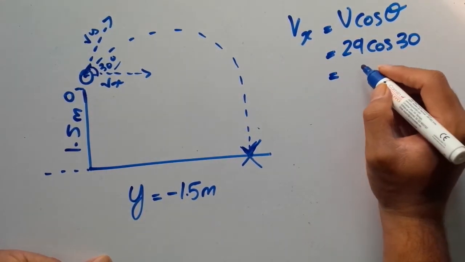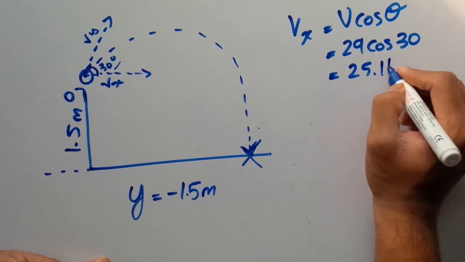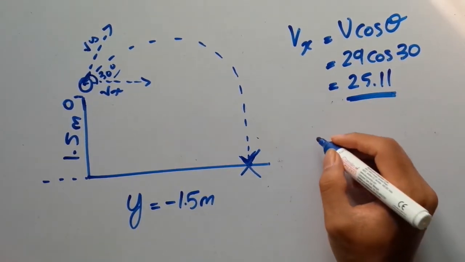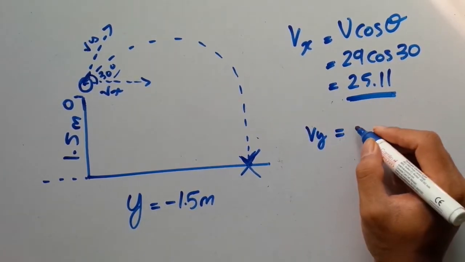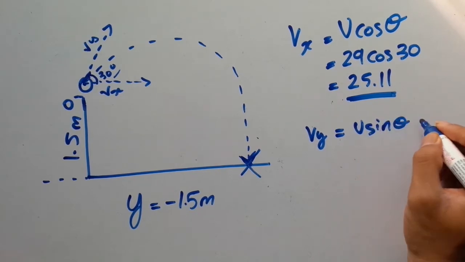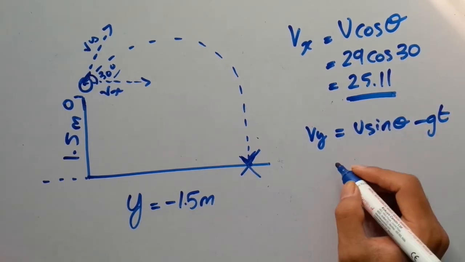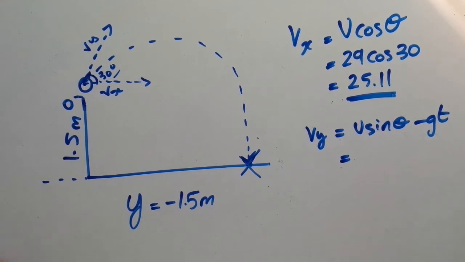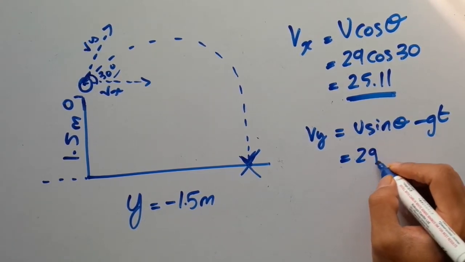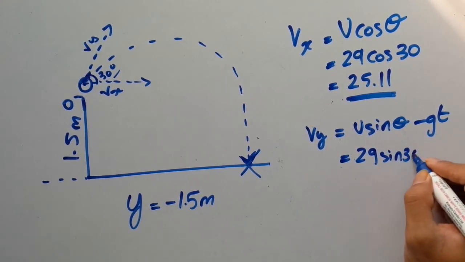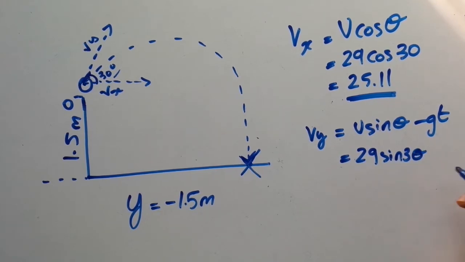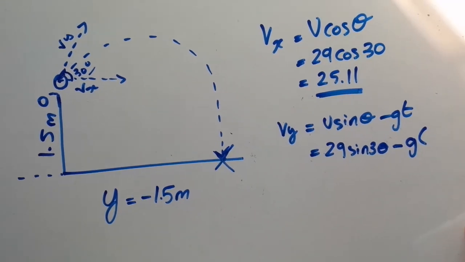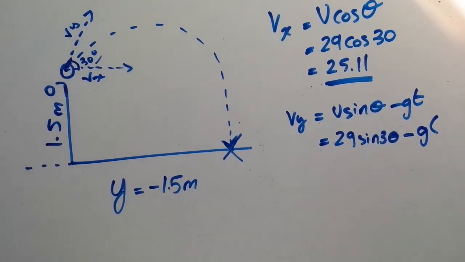This is nothing but 25.11. The vertical component of velocity is given by u sine theta minus g t, where u is the speed of projection, theta is the angle of projection, 30, minus g into the time.